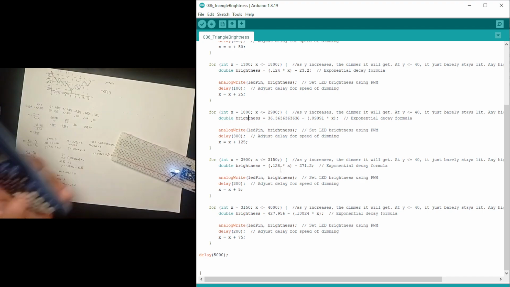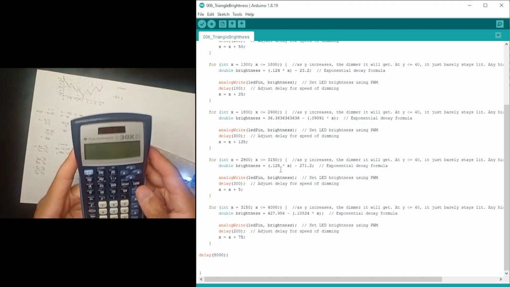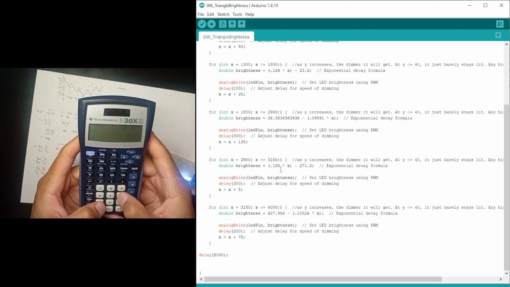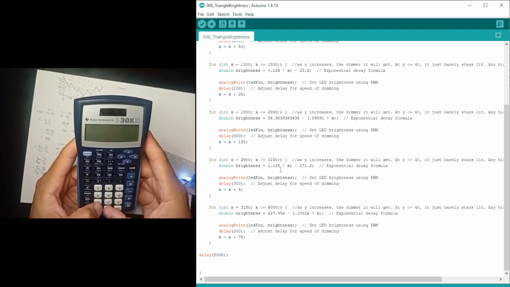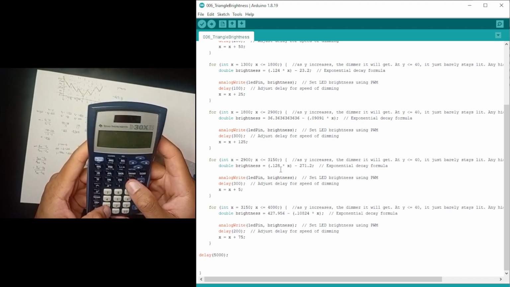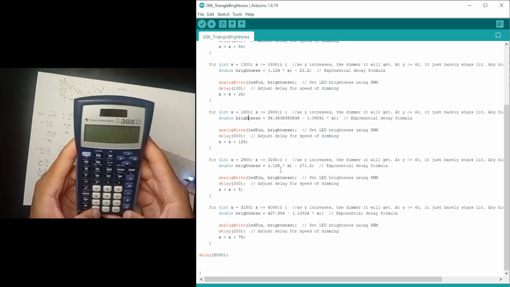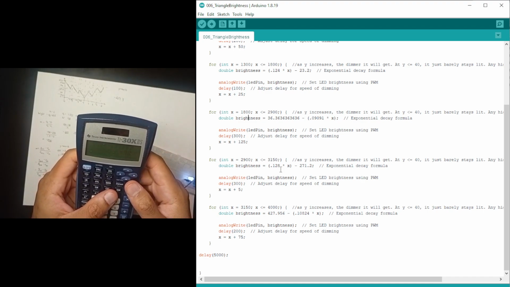Wait, so in that previous one, 100 minus 36 divided by negative 0.909. Let's just, x has to equal minus 70.